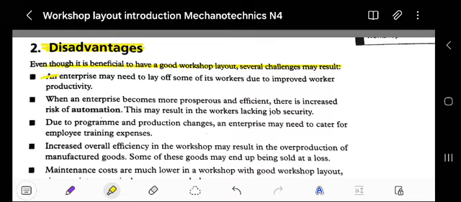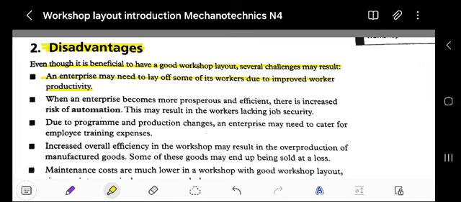An enterprise may need to lay off some of its workers due to improved work productivity. This is a disadvantage. Now we're talking about disadvantages of good, even though we want our workshop to be good. The more it gets good, there will be a disadvantage.